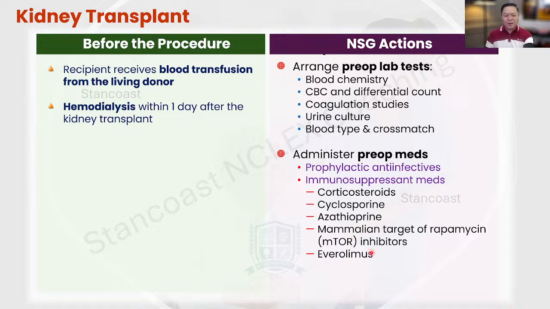So it doesn't mean that we're going to have to give all of these medications. We are just listing here the different possible immunosuppressants that can be prescribed to the patient. But most often, these medications will be given in combination to really have that much more effective therapeutic effect into the patient.